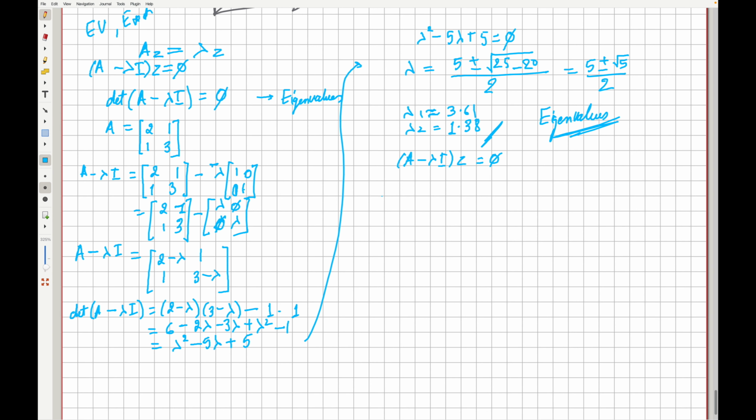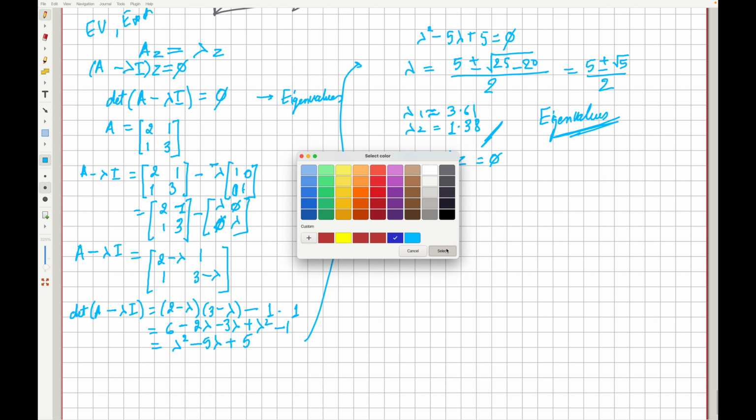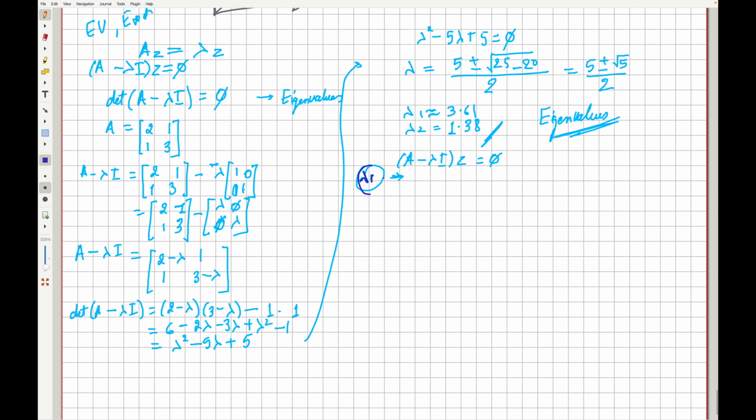First we use lambda 1, which is 3.61. Here is what we would get: [[2 minus 3.61, 1], [1, 3 minus 3.61]] times z is equal to 0.